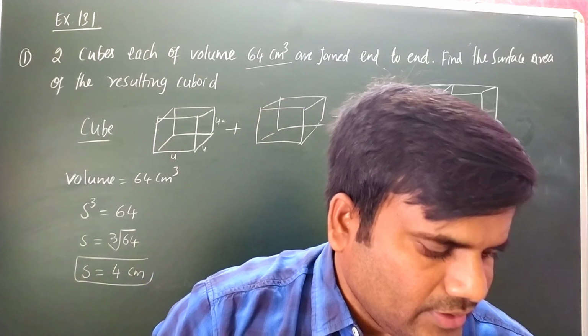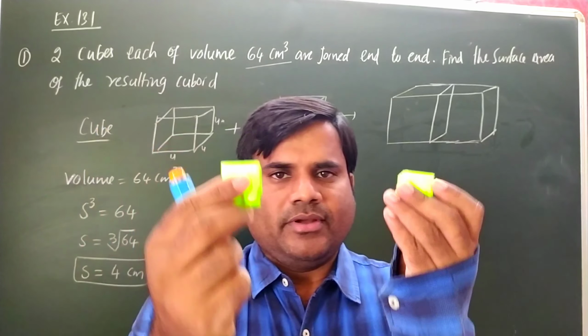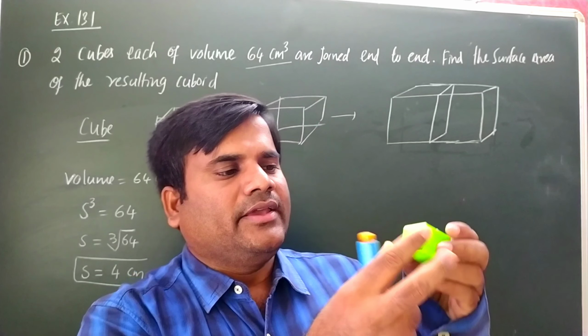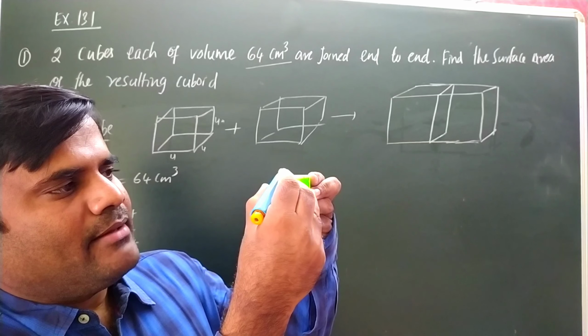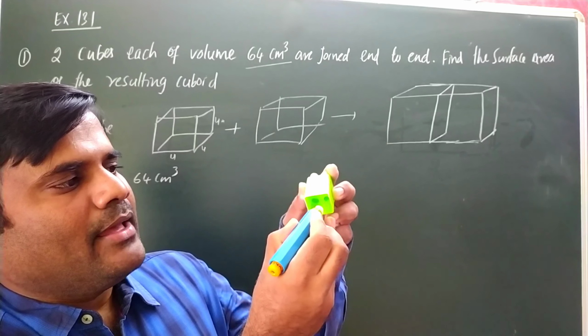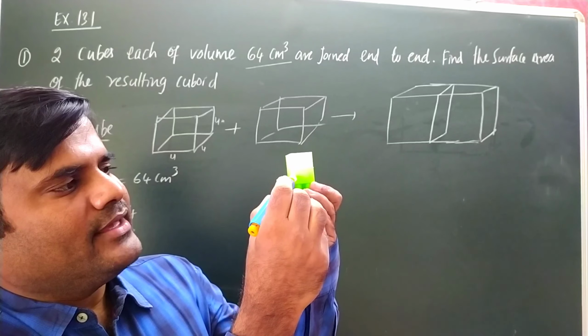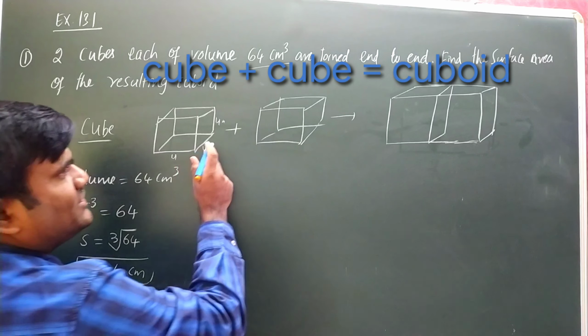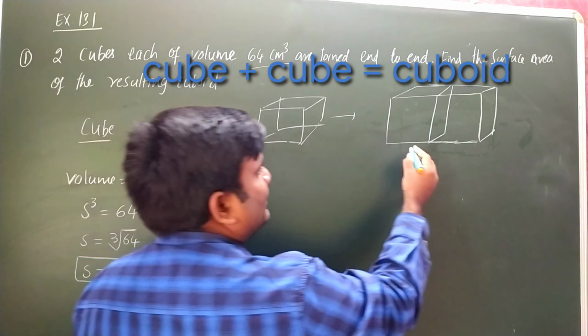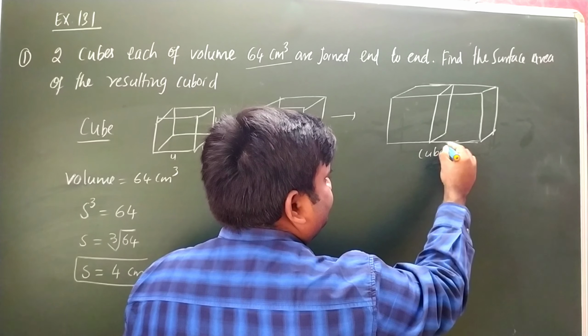Just now I showed you, you take one cube, another cube, attach both. Here you see this length is 4 centimeter, breadth is also 4 centimeter, but height is 4 plus 4, it becomes 8. So if we join these two cubes, we will get one cuboid.